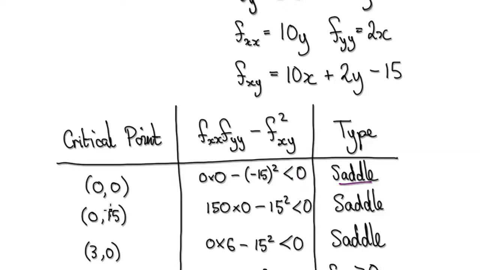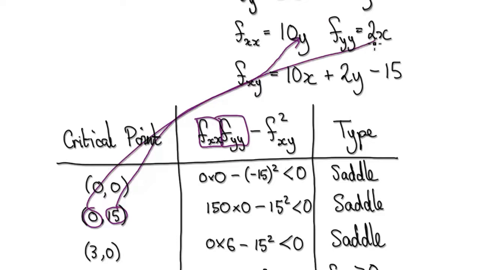And then look at this critical point here, (0, 15). So fxx will be this. You've got to put the y value into the fxx. And then looking at fyy, we've got to put the 0 into the x here.